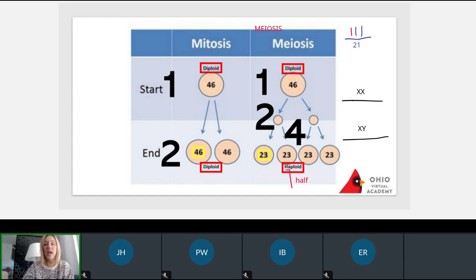In fact, what happens when we have a cell that just doesn't stop going through mitosis? So let's just pretend we talked about how it's like a pattern of the cell. What if every single day I kept on doing the same thing? We talked about the cell cycle. It doesn't just always reproduce.